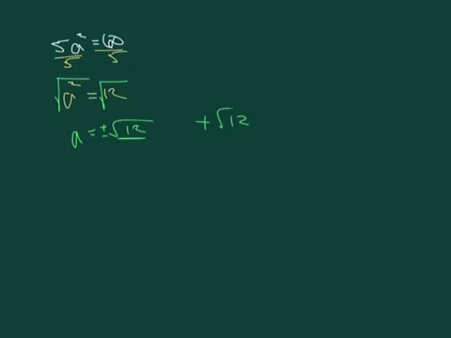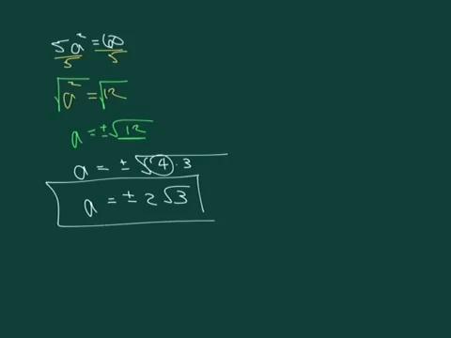But we have to simplify the square root of 12. So let's just do a real quick review here. Are there two numbers multiplied together that give us 12, and one of those I can take the square root of? Yes. Square root of 4 times 3. So I'm going to take the square root of 4 and pull it out, and the square root of 3 stays there. So that ends up being my final answer.